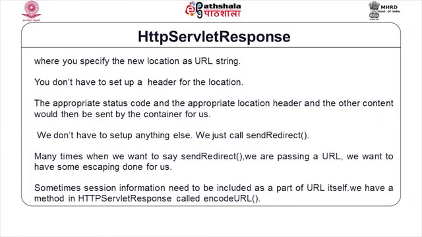You specify a string, the URL string for the new location, and just say sendRedirect. The appropriate status code, the appropriate location header and the other content would then be sent by the container for us. We do not have to set up anything else. We just say sendRedirect. We should know the URL where we want this request to be redirected.